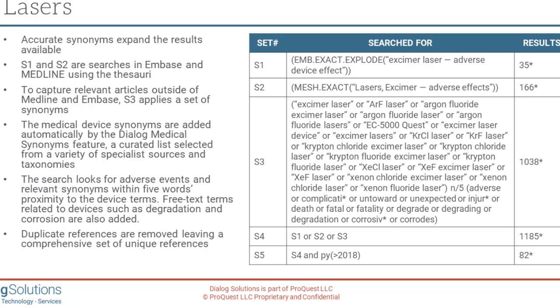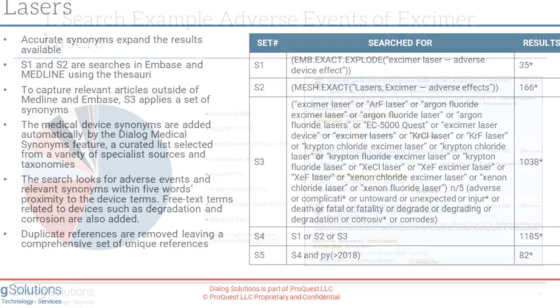And so here we've got the synonyms, and we've also put in free text terms for adverse event or complication or untoward or degrading and so on. And the other thing to bear in mind is in a service such as Dialog, the references are deduplicated. So the resulting 82 are 82 unique references.